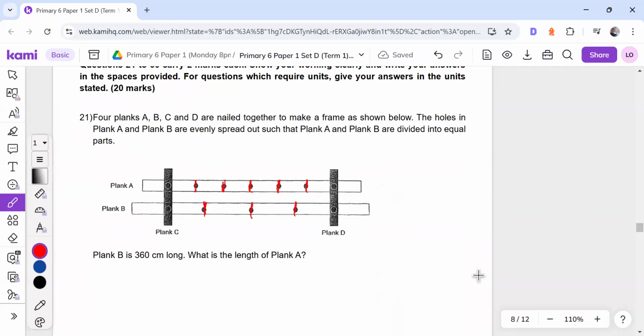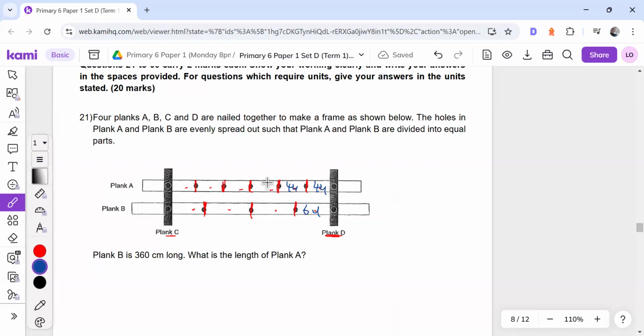So how many boxes do you see in plank A? If you look carefully between plank C and plank D, how many boxes in between? 1, 2, 3, 4, 5, 6. And below is 1, 2, 3, 4. But they are equal length. So if they are equal length, can you cut them equally? I just put 4. And then in the bigger box, I put 6.